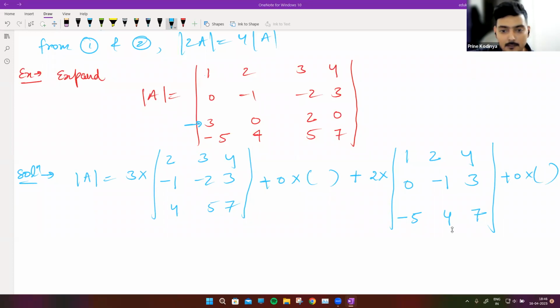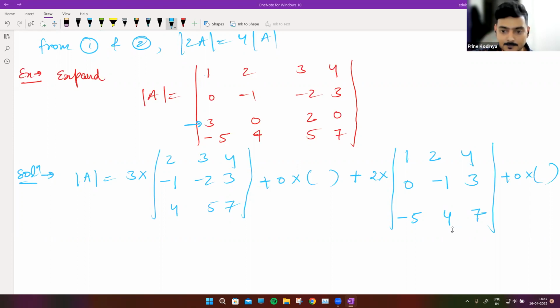Yeah, guys, whoever came late, we solved one question before, and we are solving the second question now. So I want you guys to expand this 4 cross 4 determinant. The procedure is exactly the same, right? I'm expanding this along the third row because the third row contains 2 zeros.